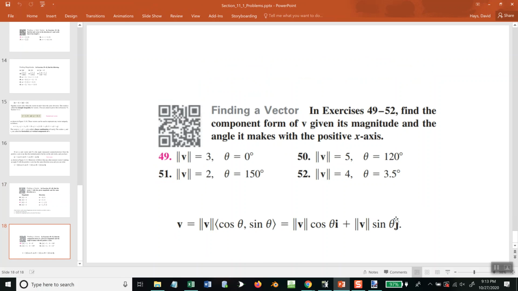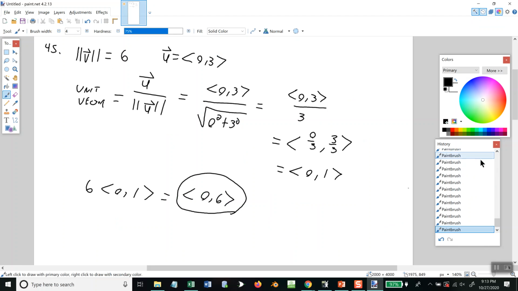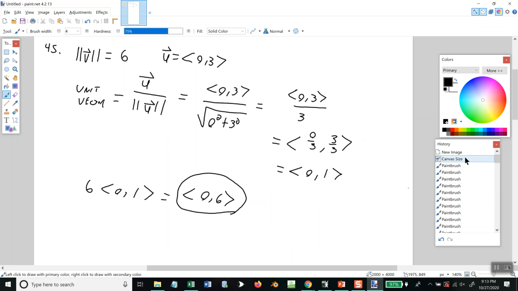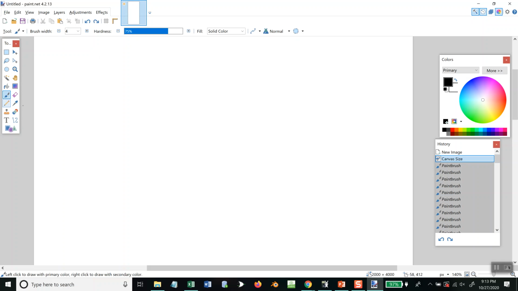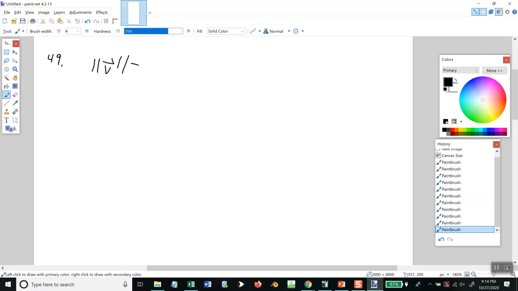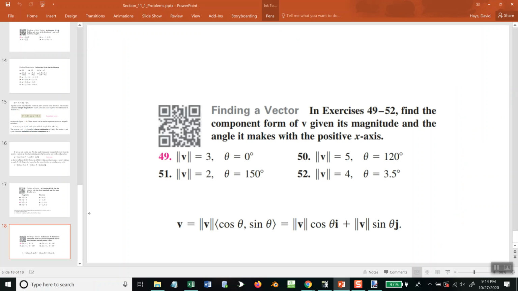Okay, let's take a look at 49. It tells us our magnitude of v is equal to 3, and theta is equal to 0. Now it says find the component form of v given its magnitude and the angle it makes with the positive x-axis.